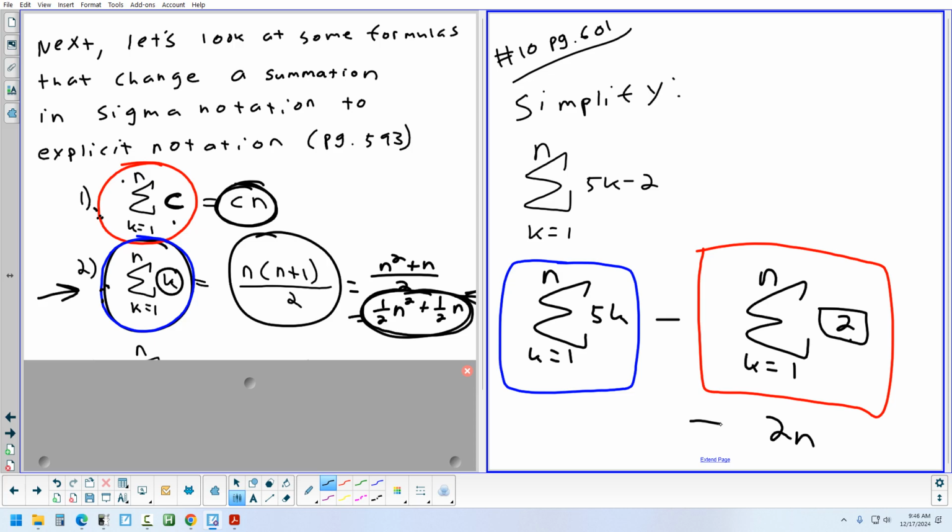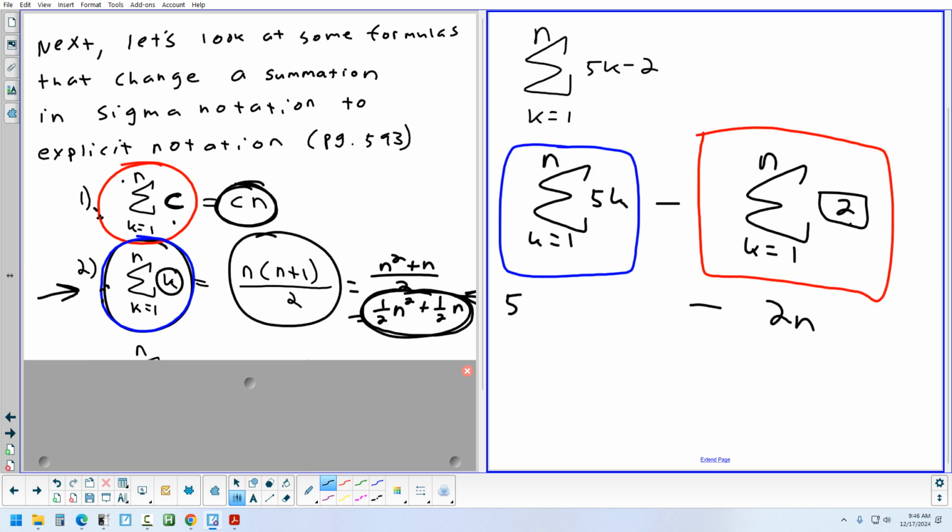Now, does the left one match up with any of these directly? Not quite, because there's something there that we don't want. We don't want the 5 there. So where can we put it? We can put it before it. If you put the 5 before it, basically end up with that.